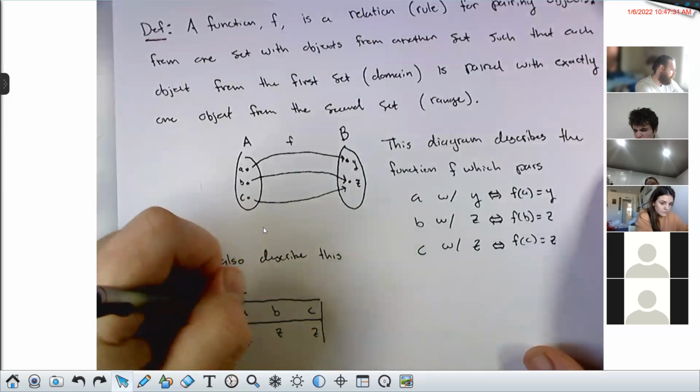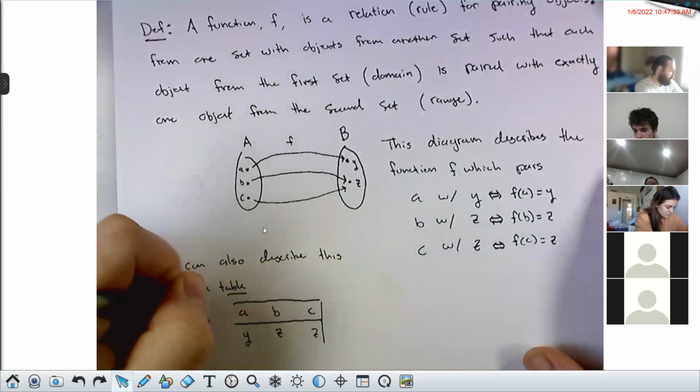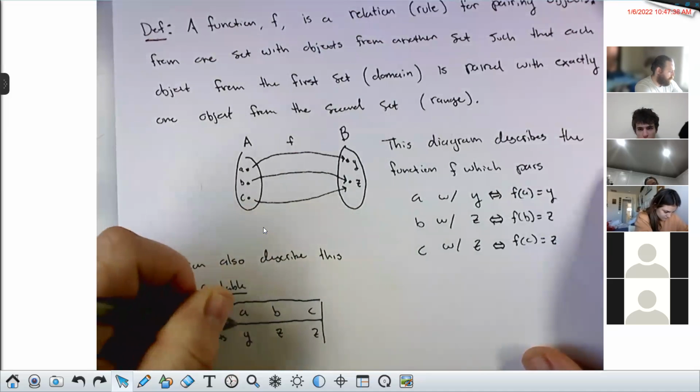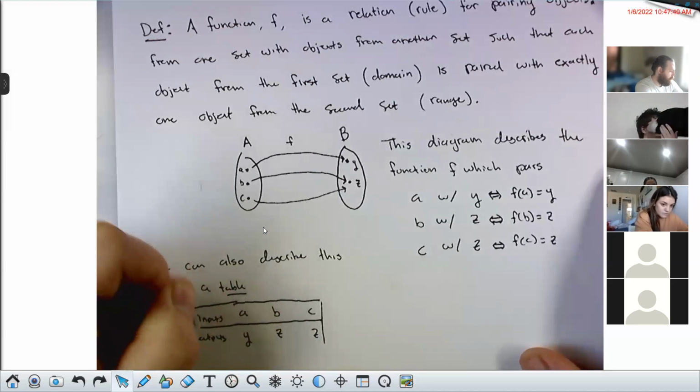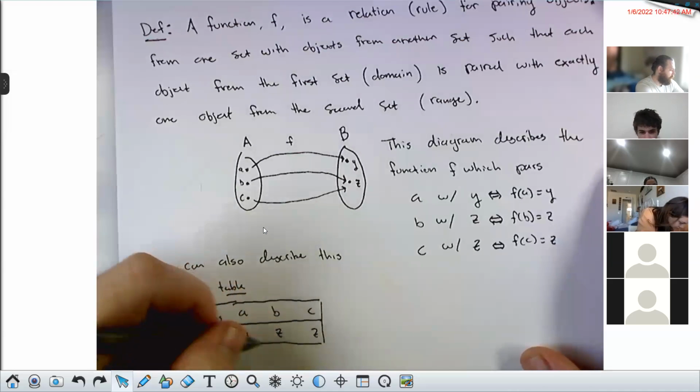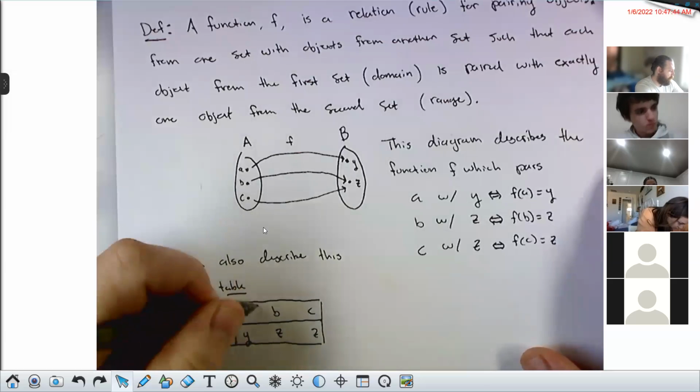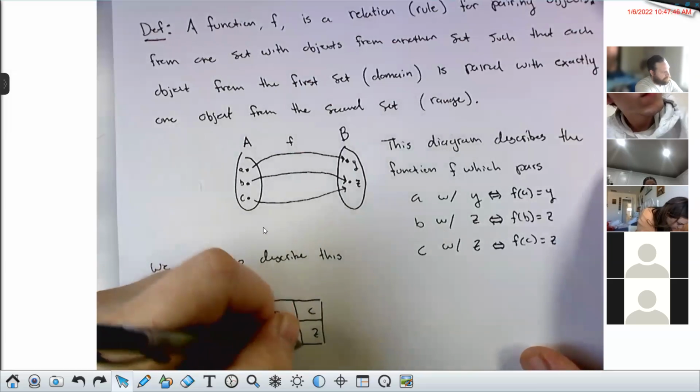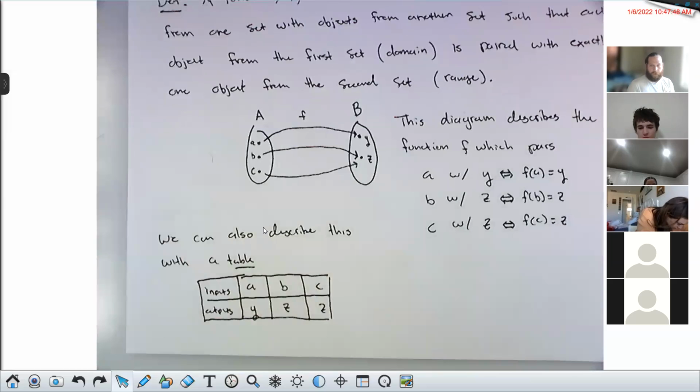And if I label that first row as inputs and the second row as outputs, then you can check from the table whether this describes a function or not. So is there any one input that goes to two different outputs? That's what we're checking when we ask, is this a function? Well, the input A goes to the output Y, right?